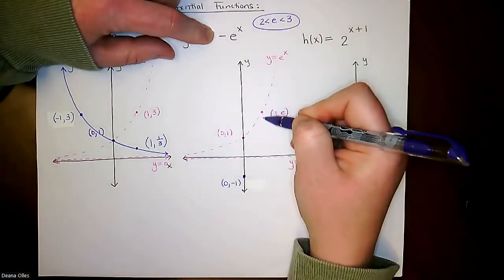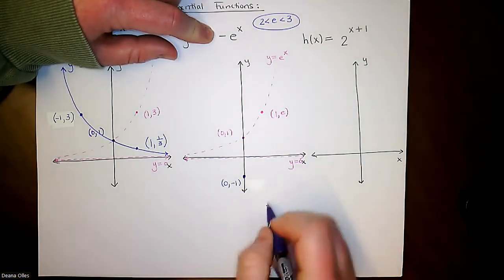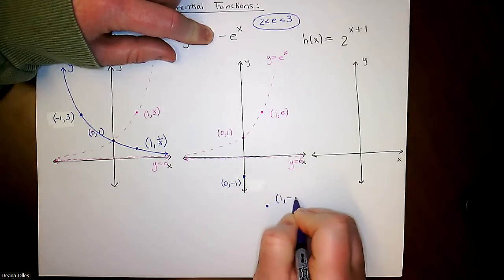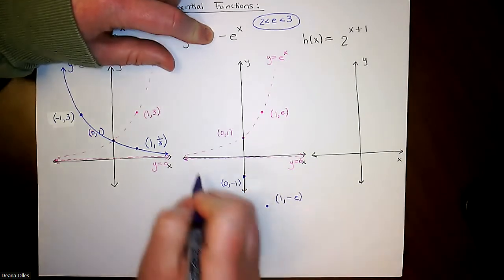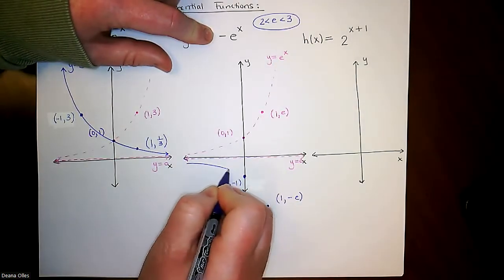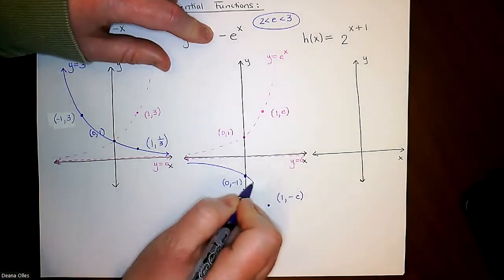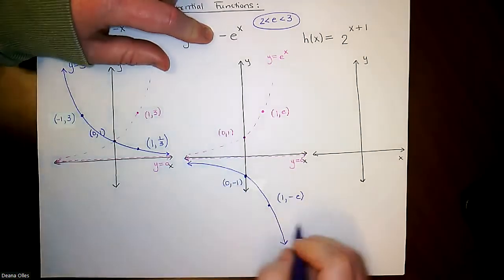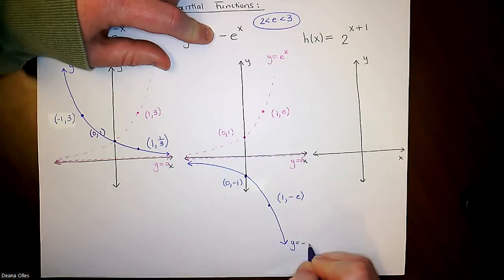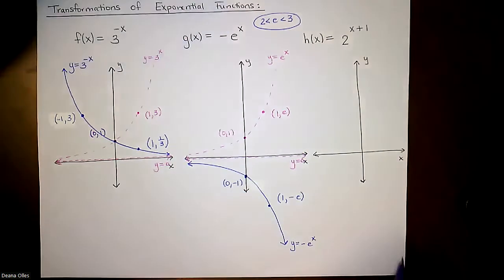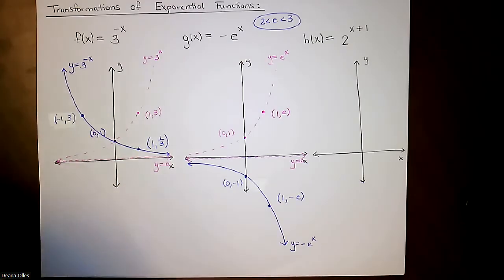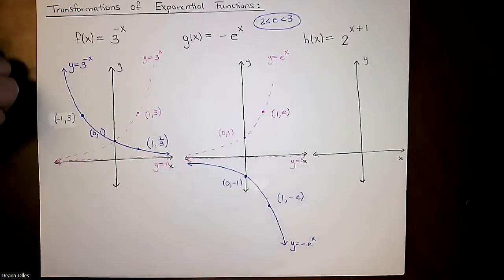And instead of 1, e, I need to be down at 1, negative e. And so our reflection over the x-axis will look like this. Also an exponential function, just a transformation of it.